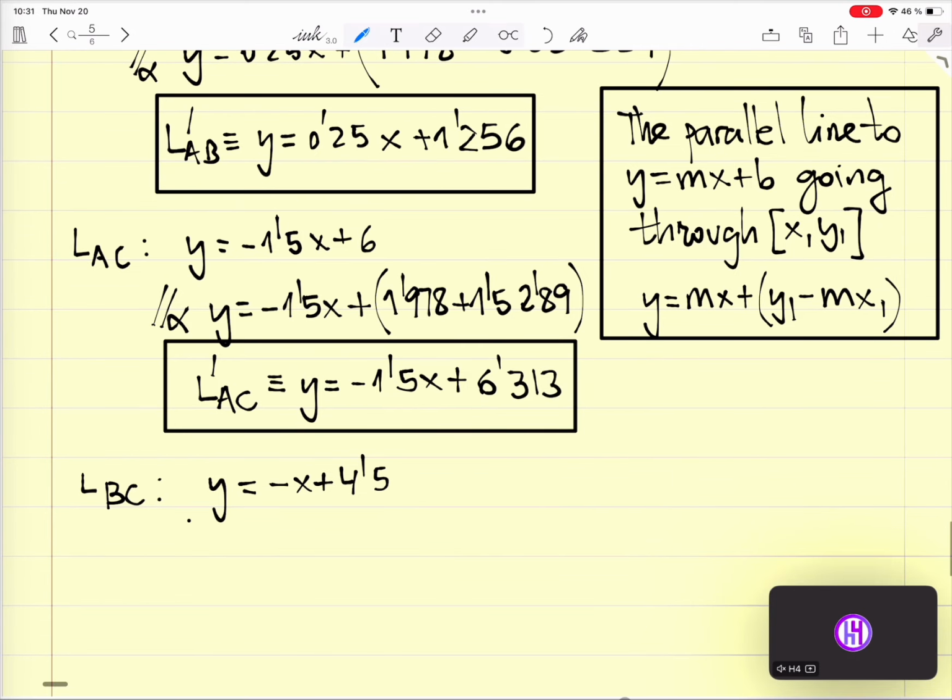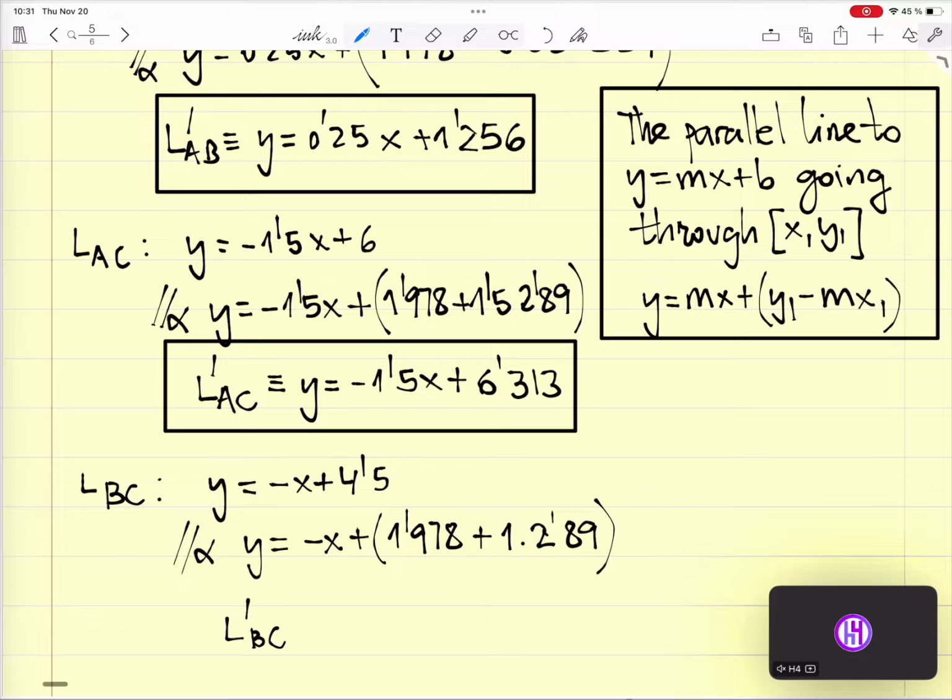The parallel line going through alpha is y equal minus x plus 1.978 plus 1 times 2.89, so that LBC in our problem is y equal minus x plus 1.978 plus 2.89, so 4.868.